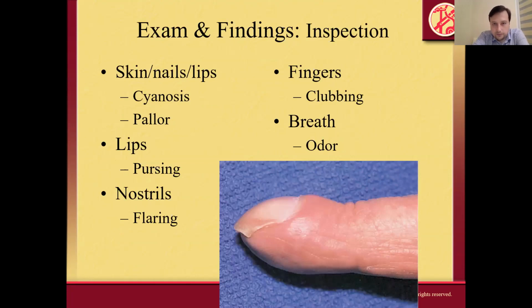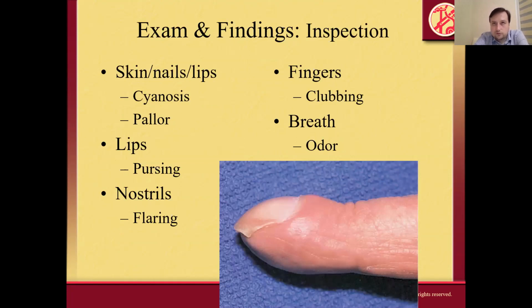After we ask patients, we go to inspection. What can we find during inspection in a patient with lung diseases? Skin: the color of the skin can be cyanotic or paler.